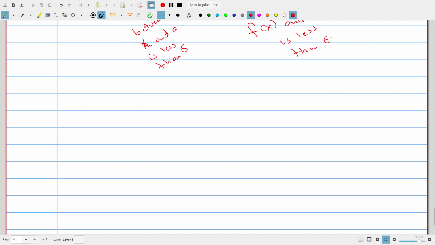So the definition is as follows. Let f be a function of two variables, right?